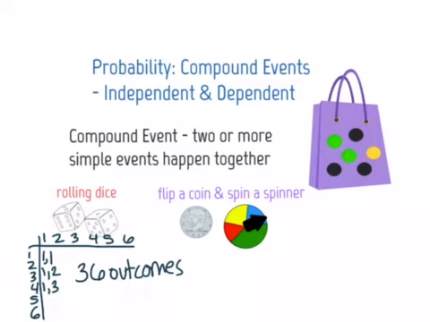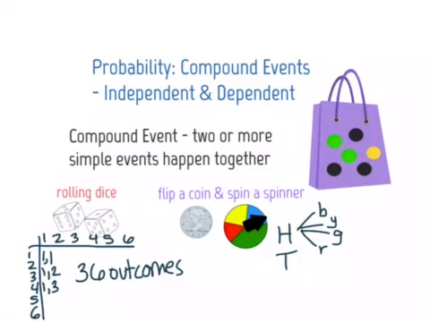Now let's look at the example with the coin and spinner. With the coin we could flip and get either heads or tails, and on the spinner I could get blue, yellow, green, or red. This spinner isn't really the best one to look at because we have a much higher chance of landing on, say, the green section compared to the red section.